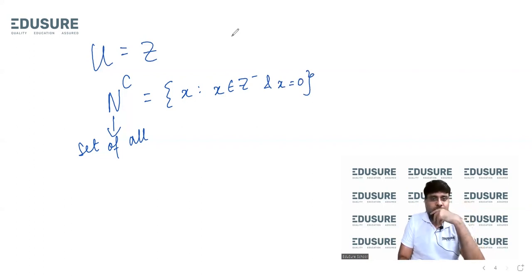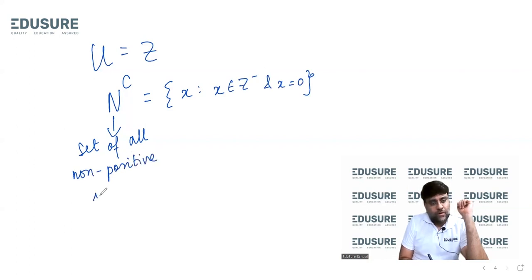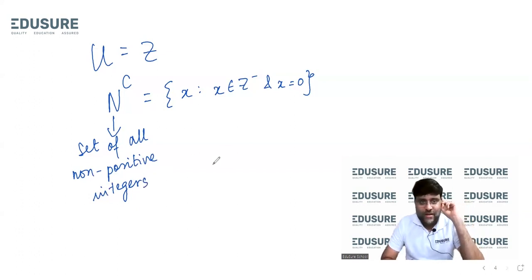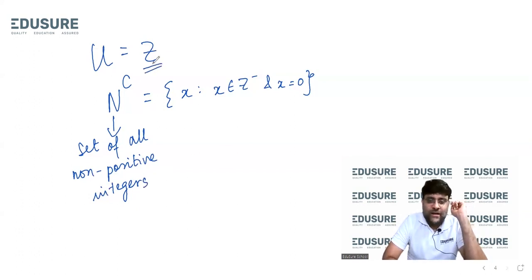You can write it down in this way: the set of all non-positive integers, that is my N complement. If the universal set is all integers, N complement is the set of all non-positive integers, all negative numbers and 0.